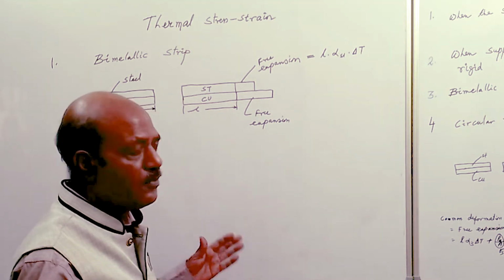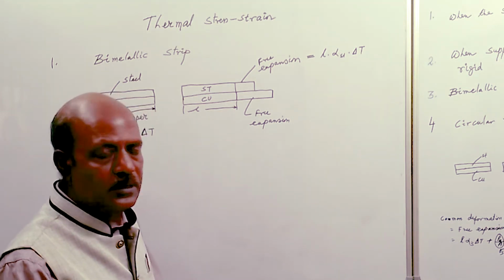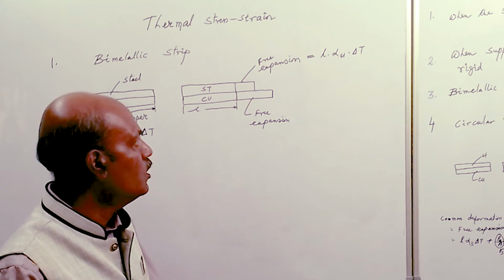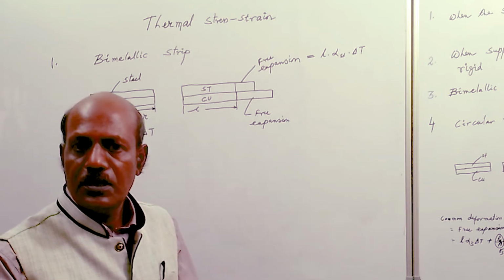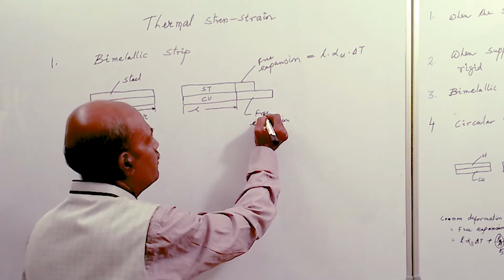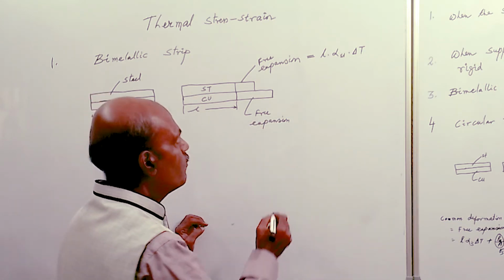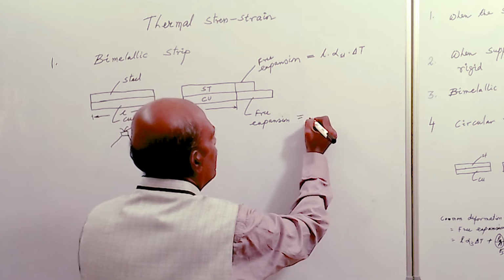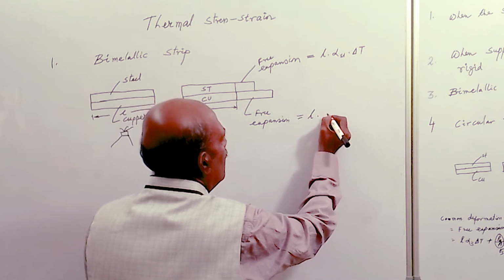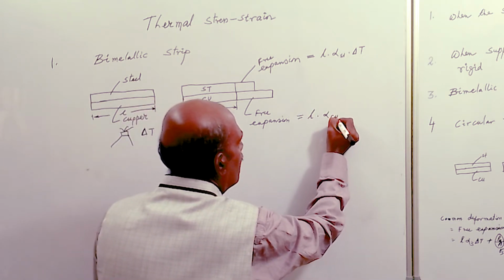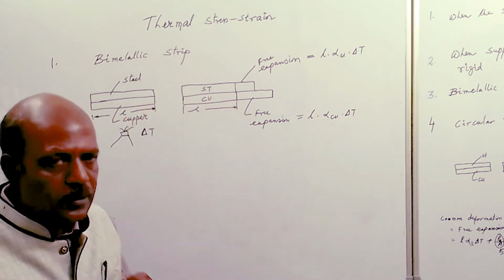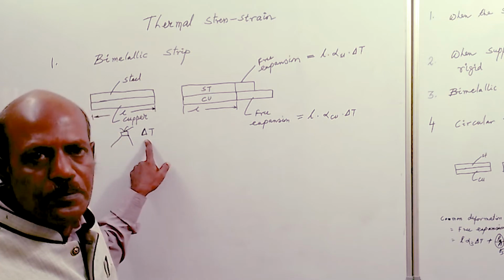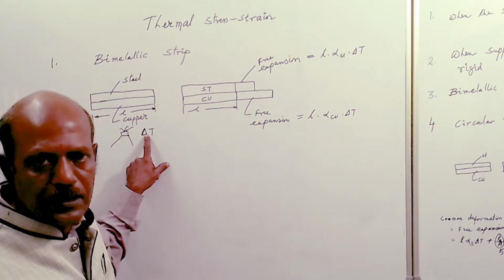So L into alpha steel into delta T will be the free expansion of the steel bar. And the free expansion of the copper bar is given by L into alpha copper into delta T. This free expansion takes place because of the temperature difference delta T.